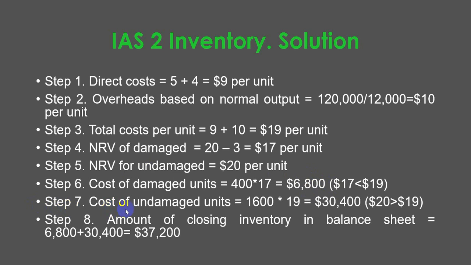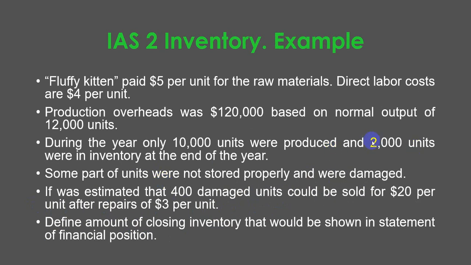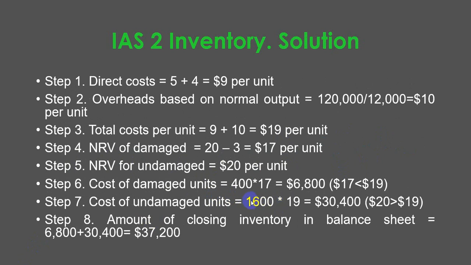Then we can calculate the cost of undamaged units. So we take 1,600 units. Why 1,600? Because we have 2,000 units in inventory at the end of the year, and we have 400 damaged units. So 2,000 minus 400, that is why the quantity of undamaged units is 1,600, and we multiply it by the lower of cost and net realizable value.